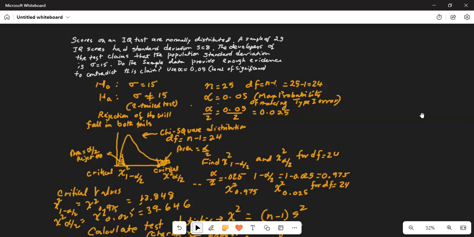The developer of the test claims that the population standard deviation is sigma equal to 15. Do the sample data provide enough evidence to contradict this claim? So my null hypothesis is what the developer claims, sigma is equal to 15. Now the alternate hypothesis cannot be greater than or less than because they have not specified that. So the best bet for the alternate hypothesis is sigma not equal to 15.